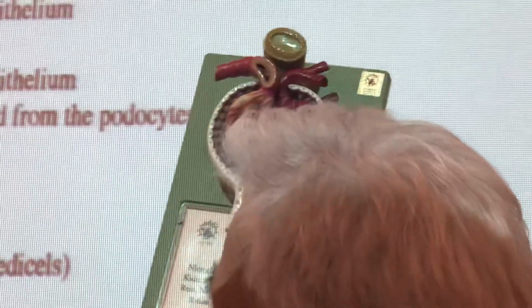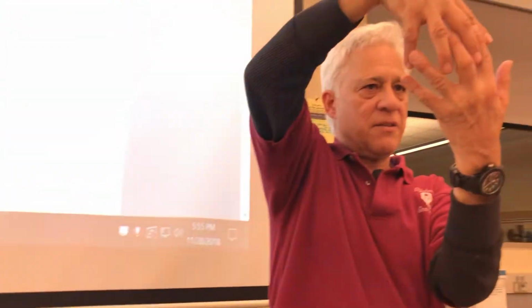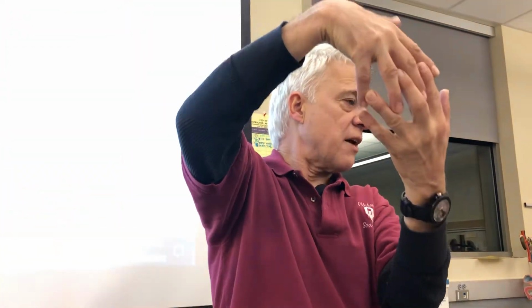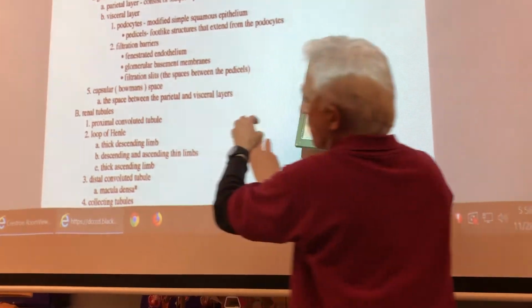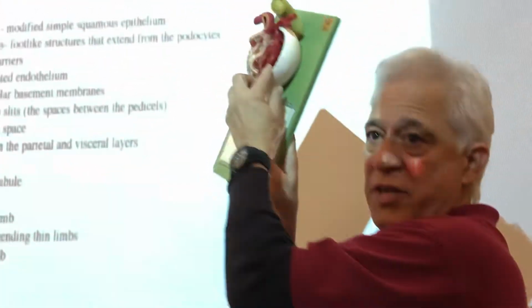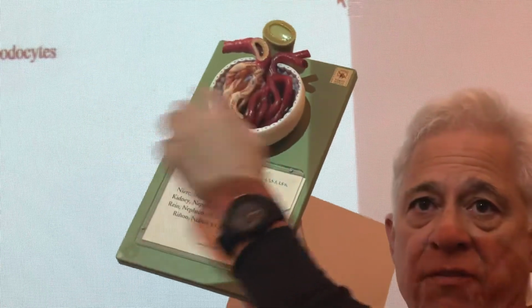So they extend from the podocyte. And so their job is to form a filtration slit, like this. Okay, so that's the outer layer. If we go in, we have a basement membrane, and then we have a fenestrated endothelium, which is shown on here, because we stripped all this off.